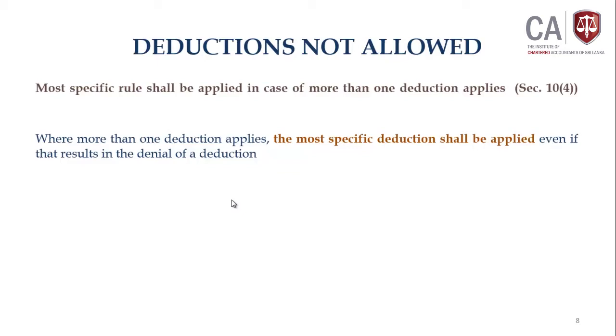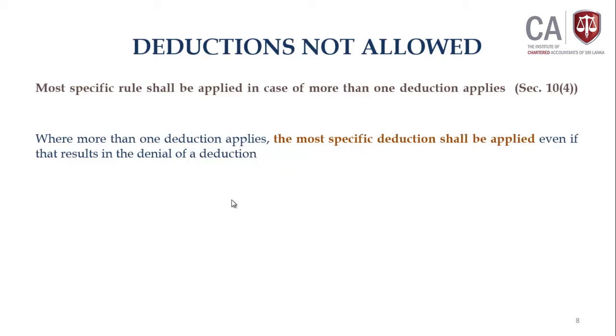Why? When you come to repair expense, you have to find out what is the most specific deduction. You are allowing under section 11 all the expense incurred in the production of income, in general. But section 14 specifies that repair and improvements are deductible on a depreciable asset.